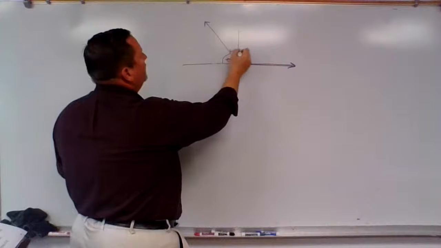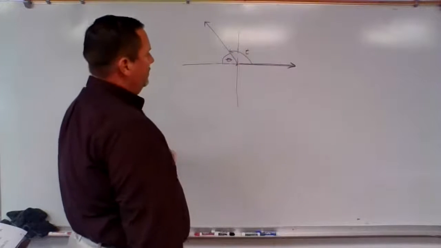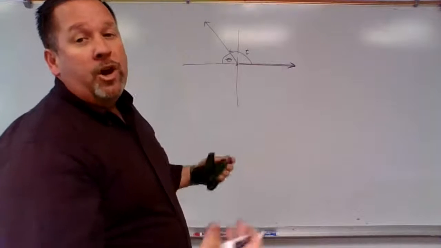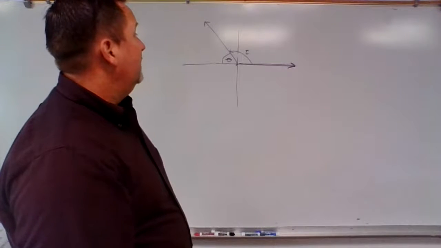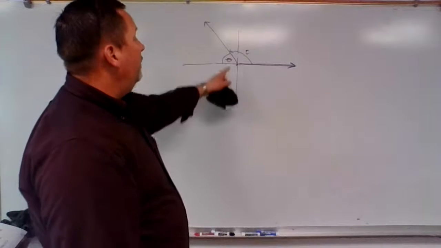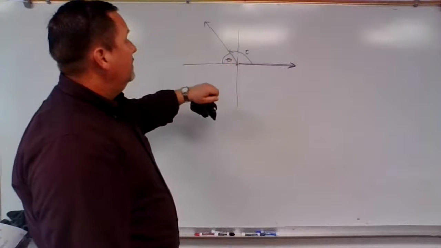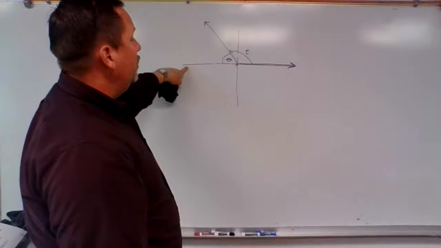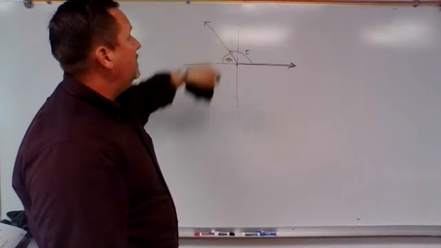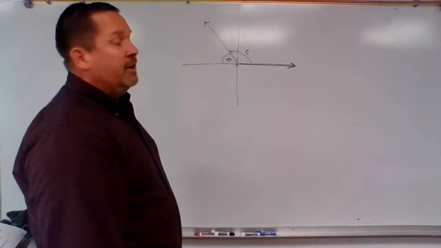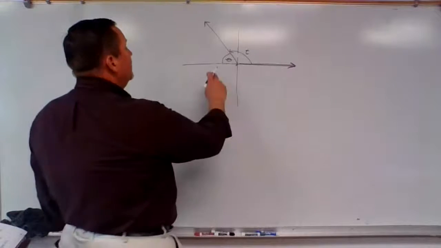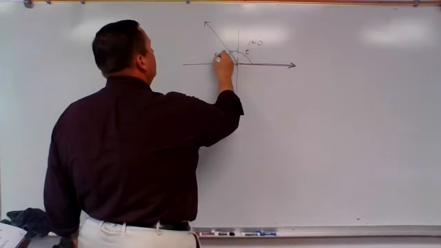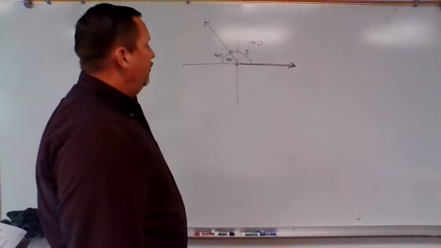This is my angle T. Let's say that T was 140 degrees. How do I find my reference angle theta? Somebody figured it out. In this case, I would take 180 degrees and subtract the 140 degrees. And my reference angle theta, if this was 140, would be 40 degrees.